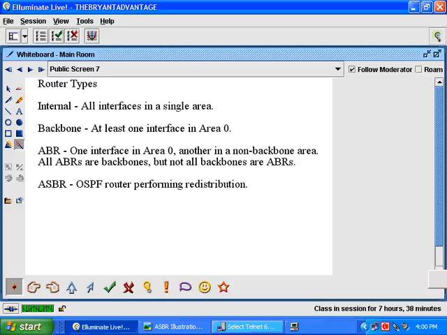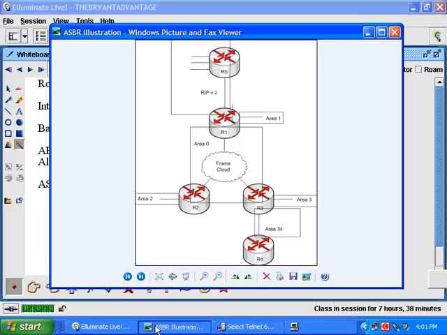That's a key. So looking at our network illustration, we have 3 ABRs, 1, 2, and 3. They are also backbone routers because they have one interface in area 0. If you're asked to identify router types in the BSCI exam, just be careful. It's really easy to look and say, okay, that's an ABR. But it could be an ABR and a backbone router.